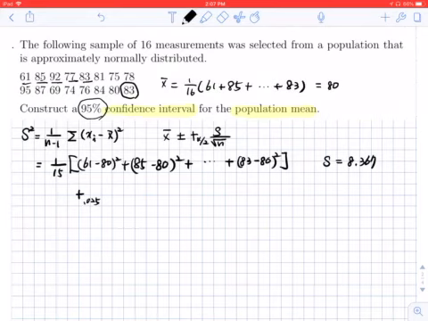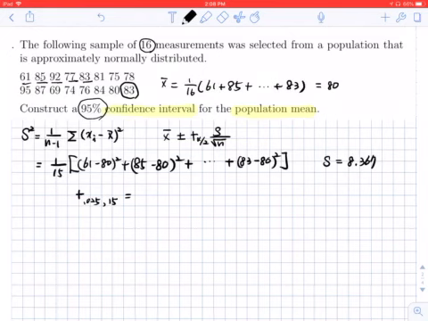Left-hand side 0.025, right-hand side 0.025 is necessary. And when you're looking at the t-table, you need the degrees of freedom. Degrees of freedom is defined as n minus 1. In this case, 16 minus 1, which is 15.